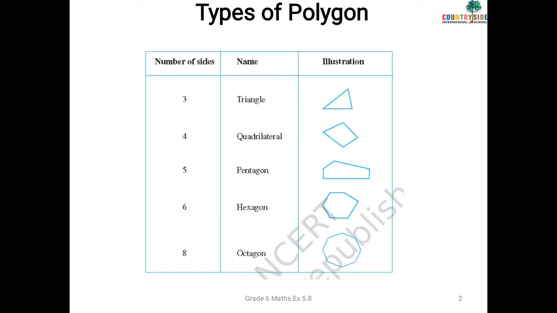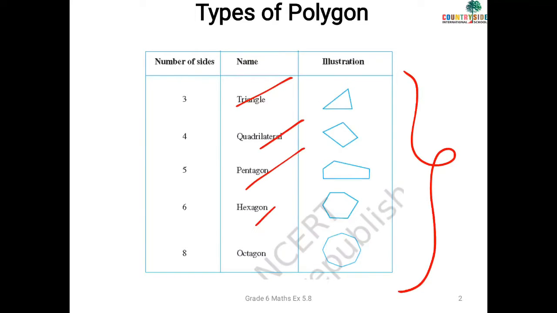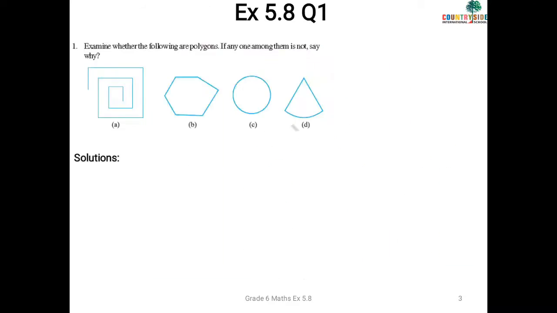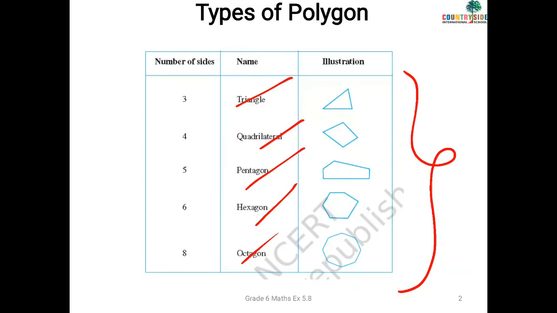Then a figure that has five sides is a pentagon. In the same way, six sides are called a hexagon, and eight sides are called an octagon. And these are the figures of triangle, quadrilateral, pentagon, hexagon and octagon. This figure is given in your textbook as well, so you can refer to it.